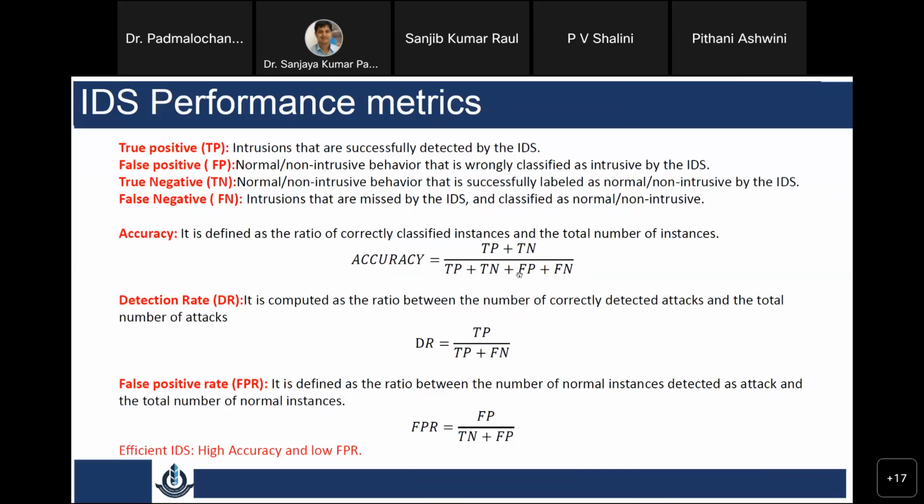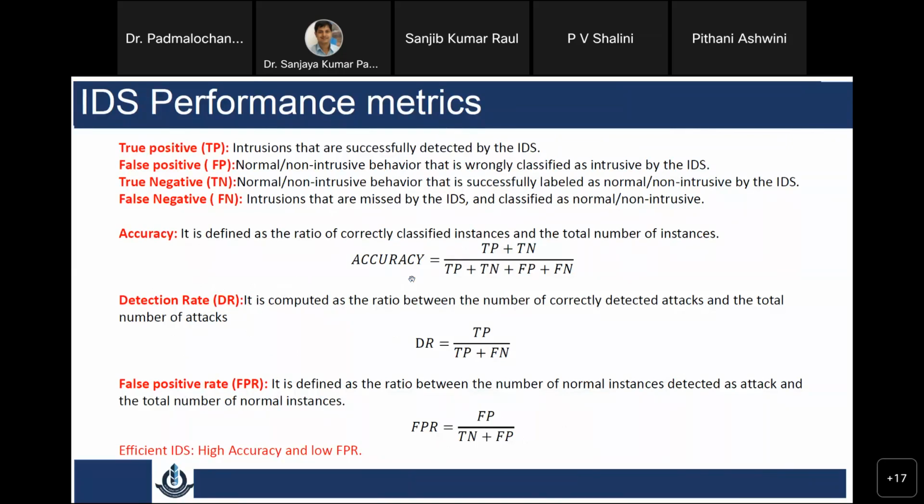So accuracy is this ratio, and false positive rate is false positive divided by total true negative plus false positive. For a good intrusion detection system, our objective should be higher accuracy and lower false positive rate. Detection rate is not widely used. Accuracy and false positive rate are the two important parameters used for performance analysis.